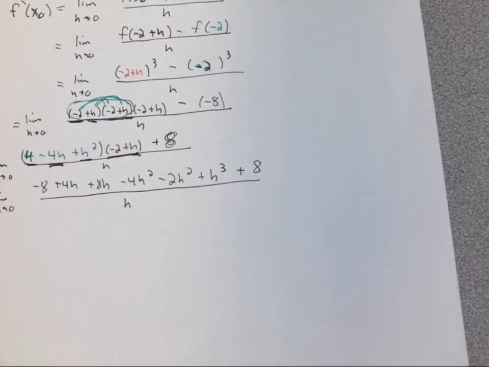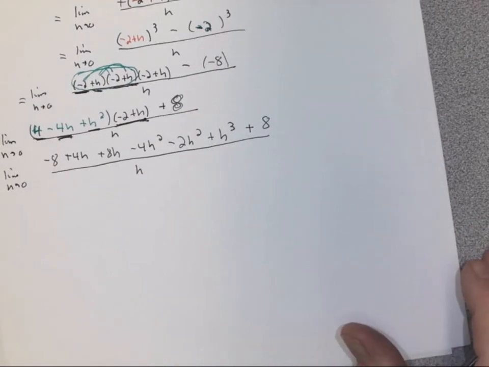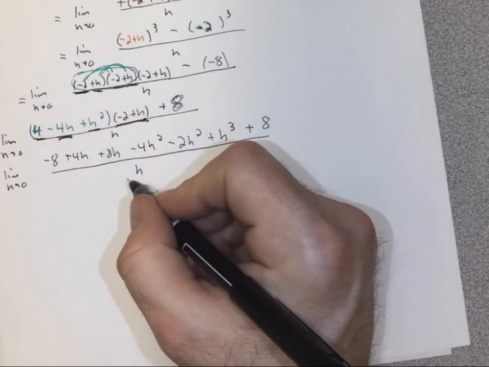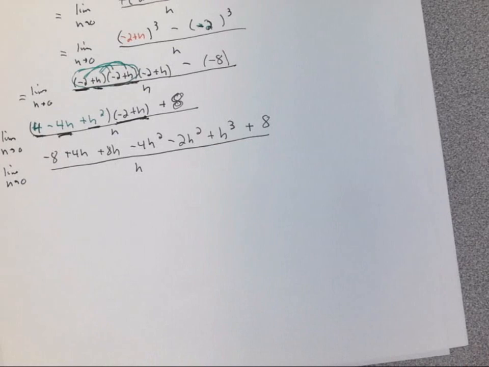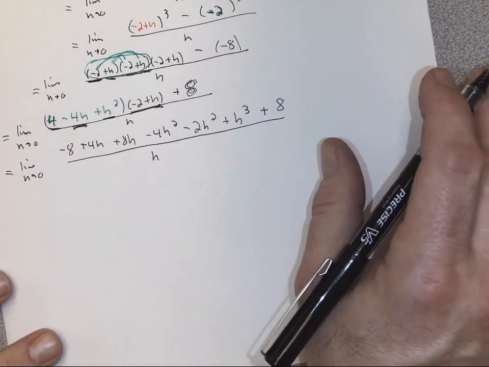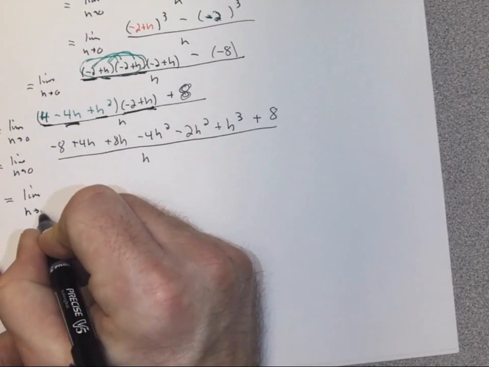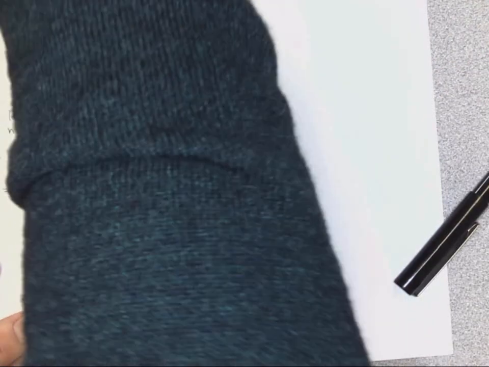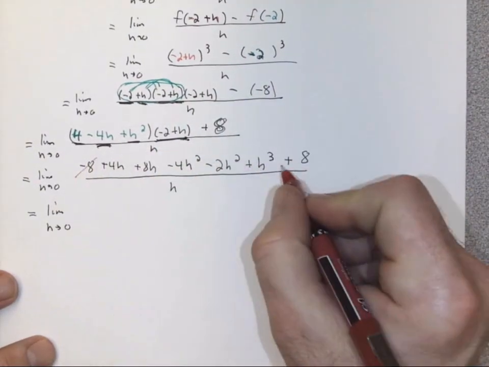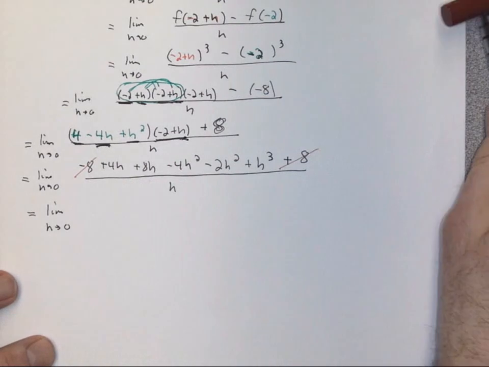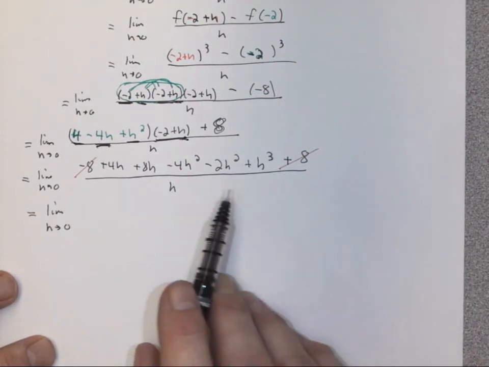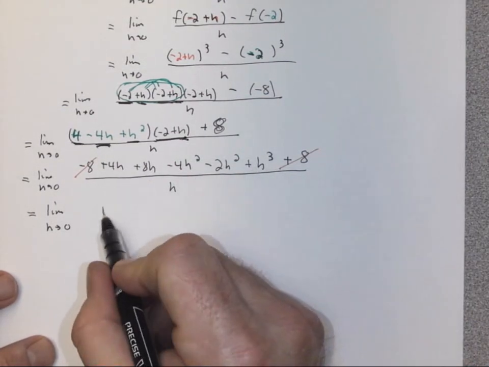Okay. Now what's supposed to happen is really nice things. Notice I have an h in the bottom, and when you're working with a polynomial, anything that doesn't have an h on the top is definitely going to go away. That's what's going to happen. So simplifying this, the 8's are gone, right? -8, +8. Okay. And let's combine some like terms. Let's start out with the highest power. So I have an h cubed.